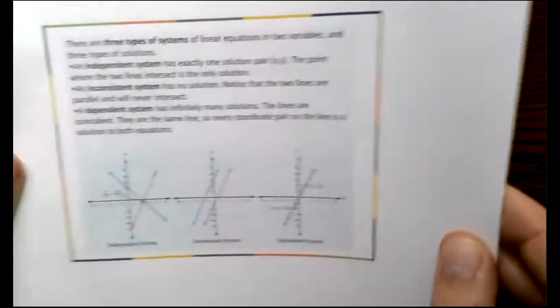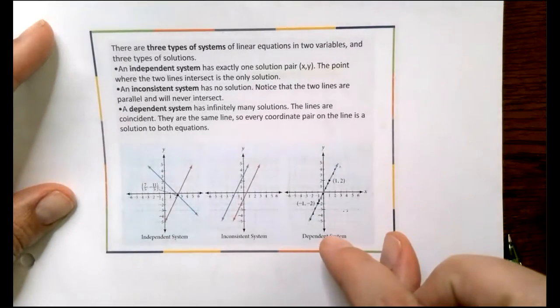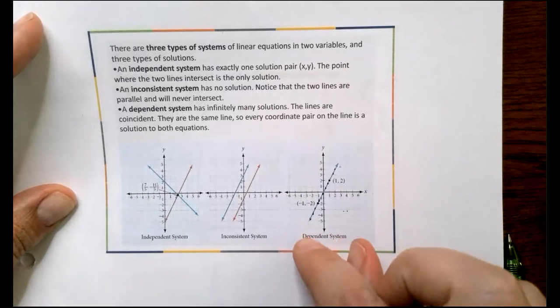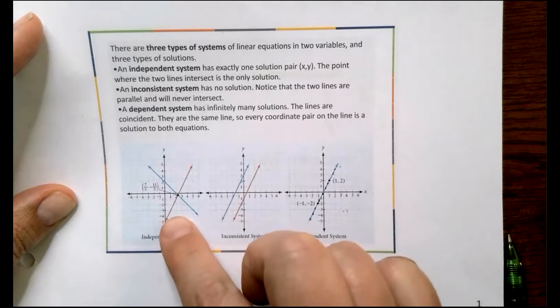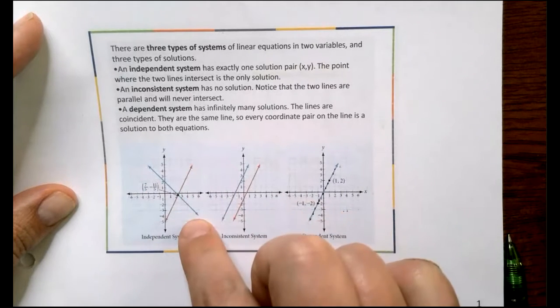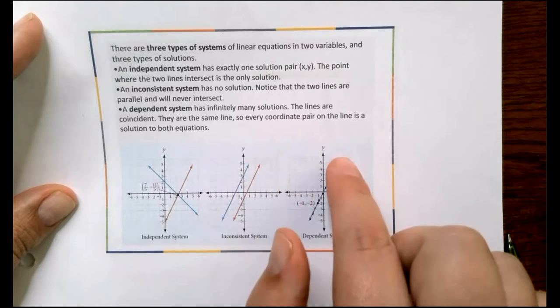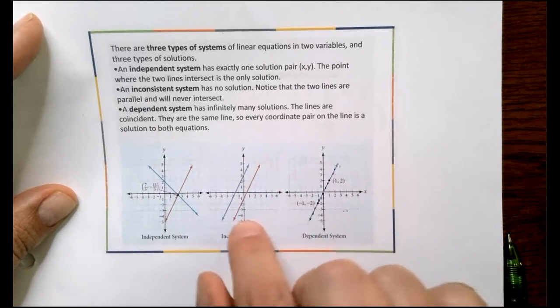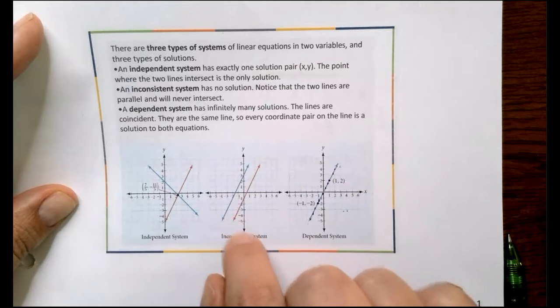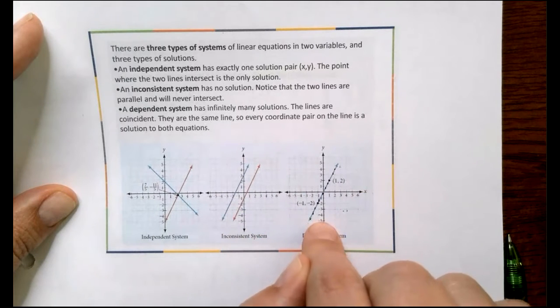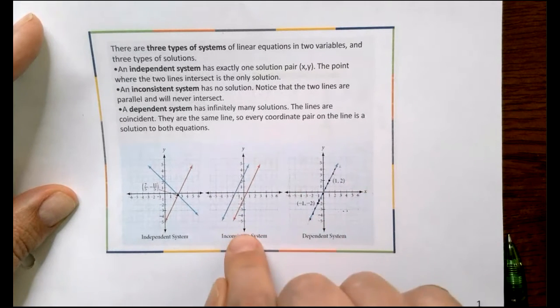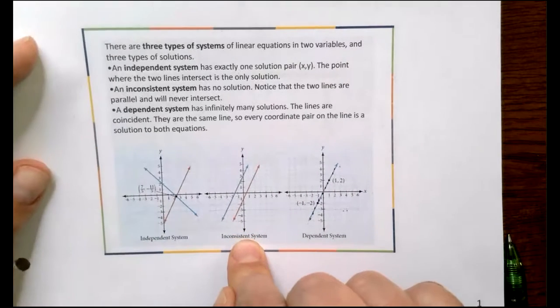Remember that we said earlier that with linear equations, they could either cross at one point, or they could be parallel to each other, or they could coincide. When they coincide, we get our dependent system, and when they are parallel and don't cross at all, we have an inconsistent system with no solutions.